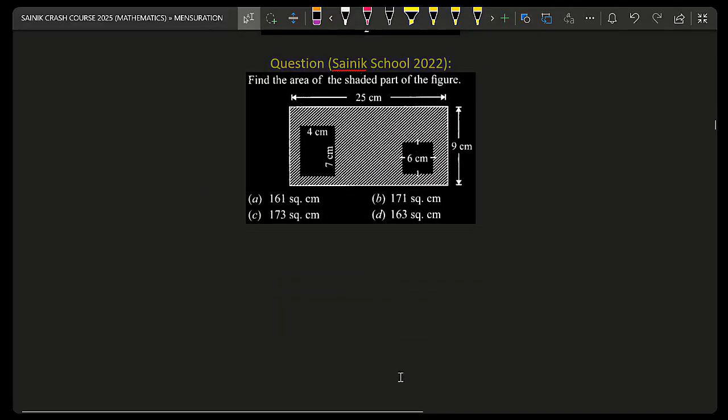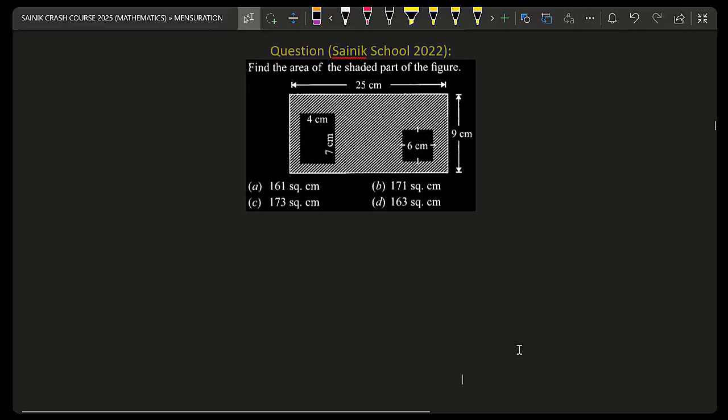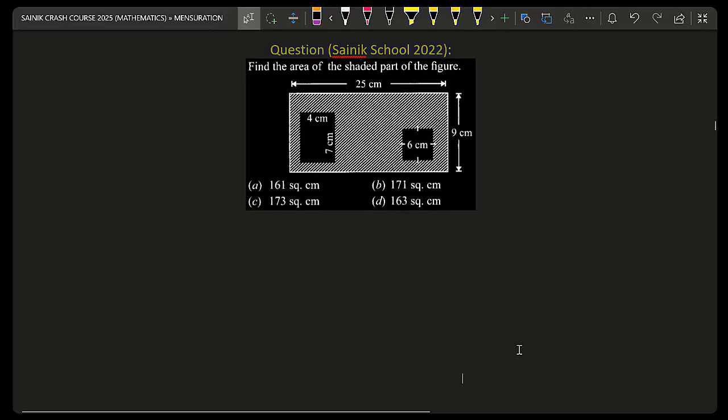Next question. So you can see 2022 exam. There's a third question now based on perimeter and area. Find the area of the shaded part of the figure. So who is going to answer this question? Yes, Daksh, can you answer this?